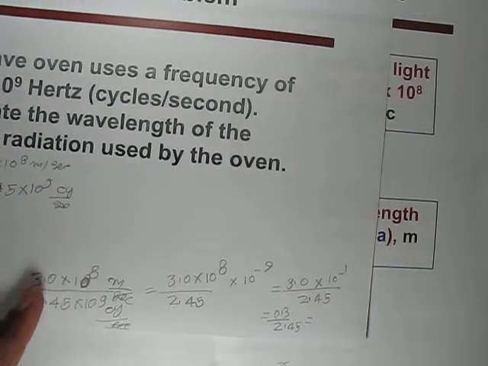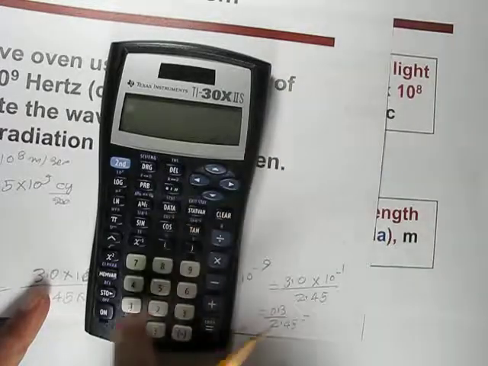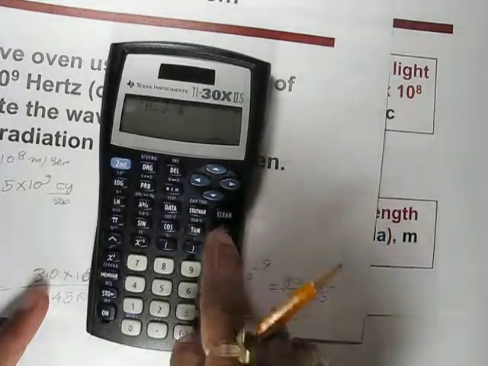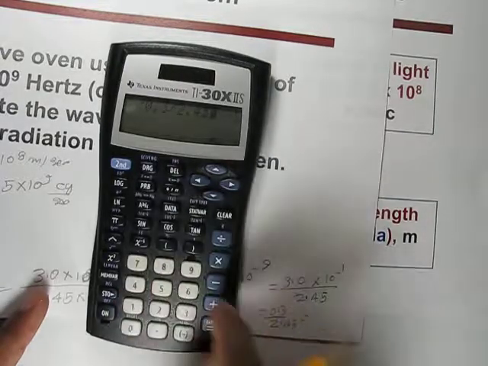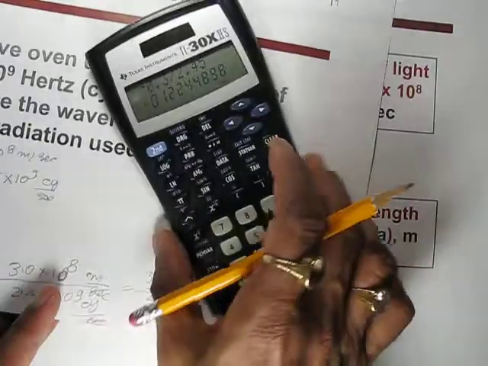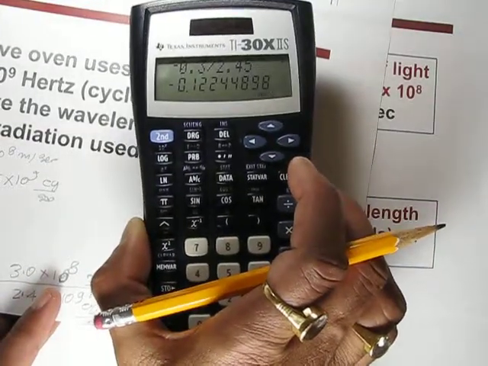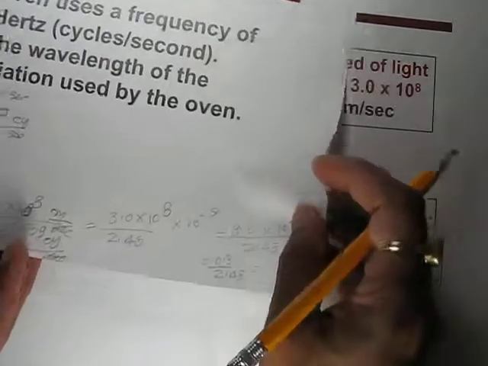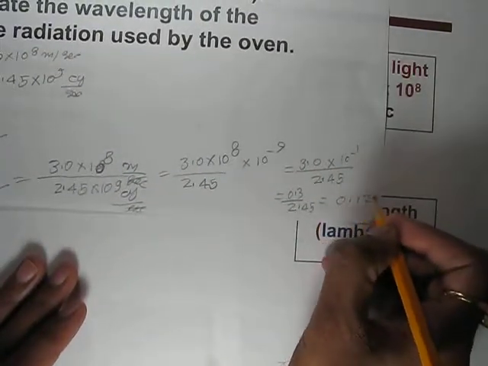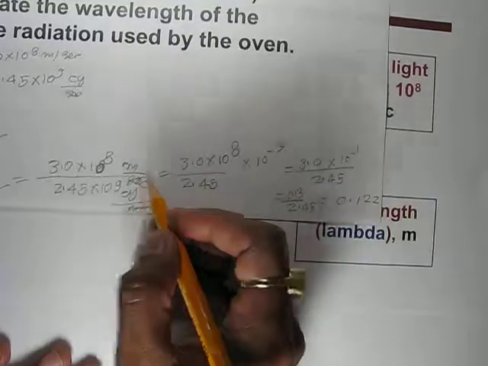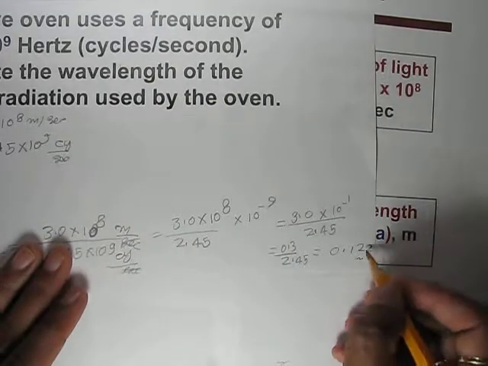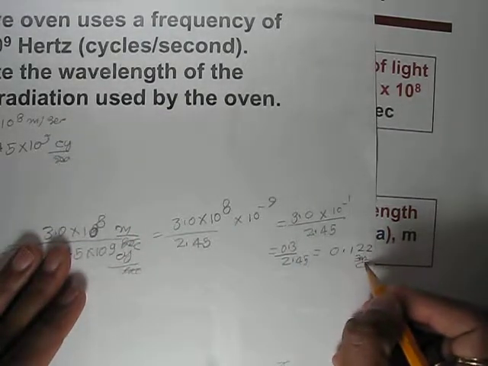Let me use the calculator now. 0.3 divided by 2.45 will equal 0.122. So this will become 0.122, and the unit will be meters per cycle.